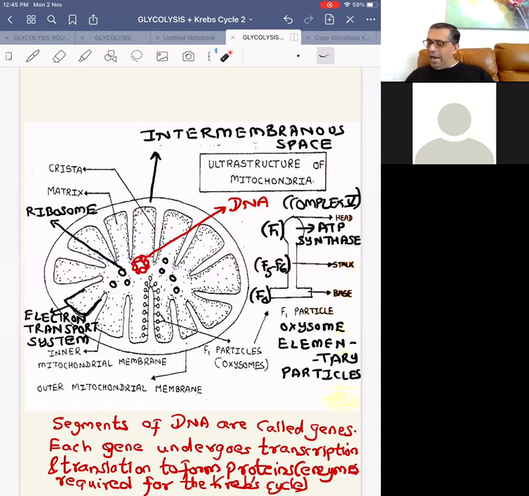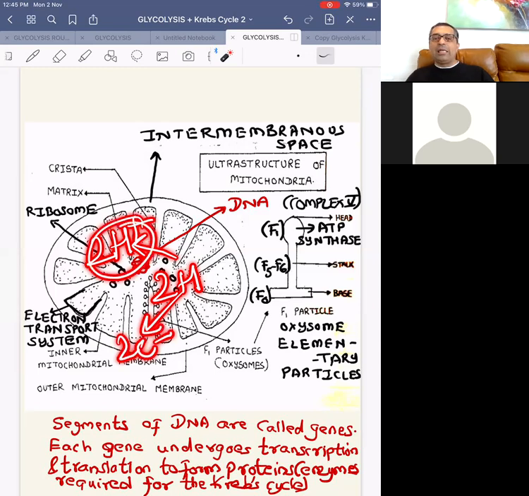What happens to 2 hydrogen? It splits to form proton and electron. Protons remain in the matrix. Where will the 2 electrons transfer?